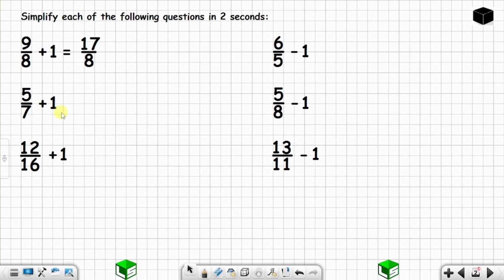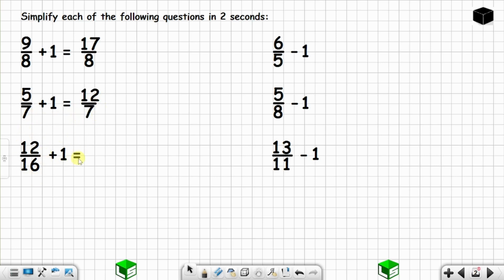This question is equal to, because you have plus, you start always from the top plus what you have at the bottom. 5 plus 7 is 12 over 7.